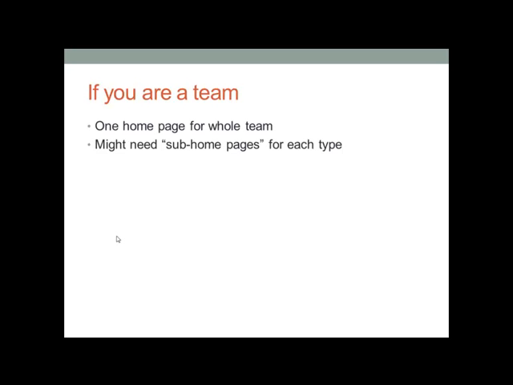Okay, now if you're a team, create one home page for the whole team, but your home page will be more complicated than a single item home page. In the single item home page, what I showed you is really easy to accomplish. You just put in partial views for your item type on that home page and you're done. But what happens if you have 3 information types?